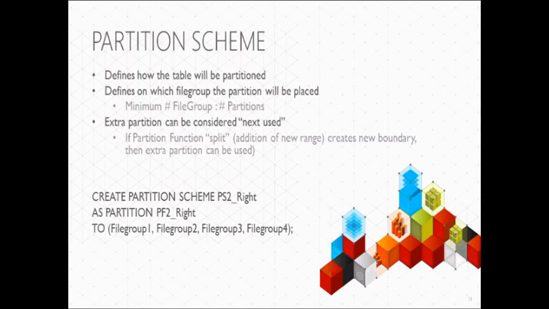You list the filegroups for a partition scheme in the same order that you want them mapped to the partitions defined by the partition function. Creating a partition scheme assumes that you have already created the filegroups. Assuming filegroups have been created, this code on the screen I can show to you: filegroup 1, filegroup 2, filegroup 3, and filegroup 4.